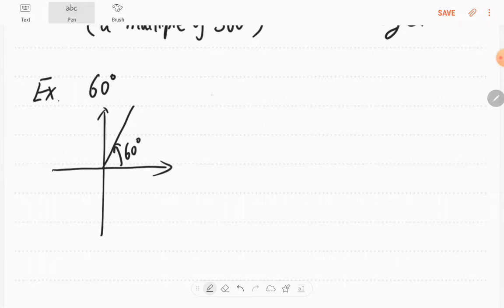So we add, for example, let's look at if we add 1 revolution, which is 360 degree, then this one would be 420 degree. So what's that? You can rotate 60 degrees, then we continue, go 1 more round. Okay, so this angle is 420 degree.